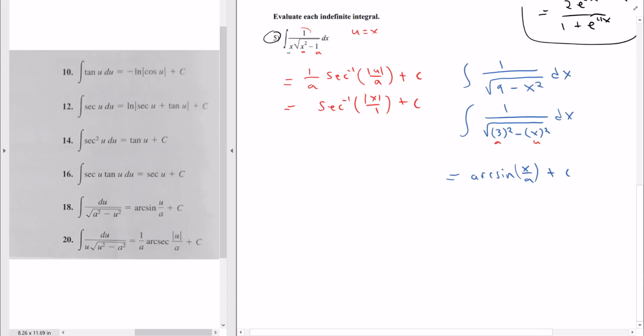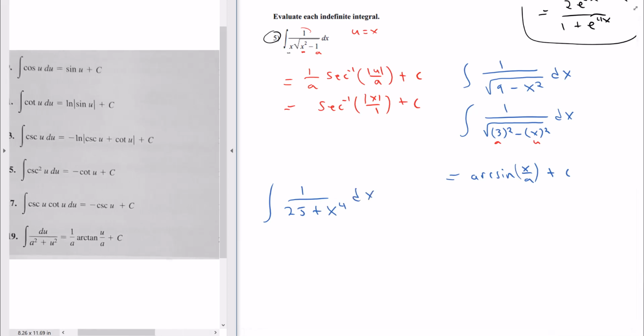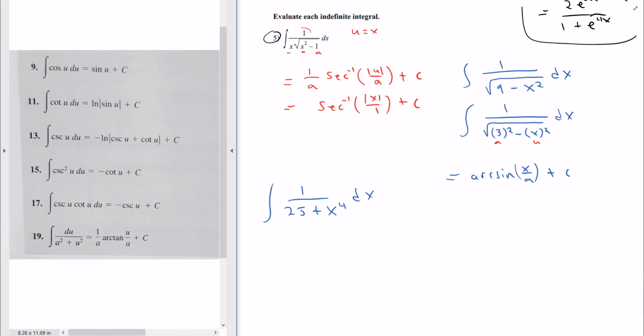Right, and then we'll look at one last one. What if we had the integral of 1 over 25 plus x to the fourth dx? And we think, well, that doesn't look like any of these. Well, we could make it look like an arctan. 1 over 25 is 5 squared, and then we want to write x to the fourth as something squared, which is just x squared squared.